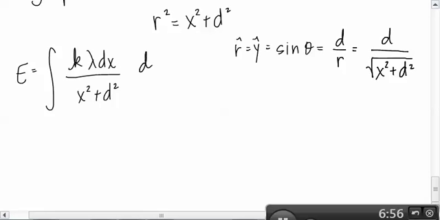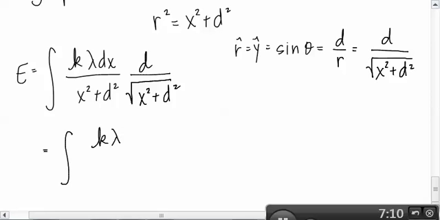So this would be d over the square root of x squared plus d squared, which is not a trivial integral. Would that be x squared plus d squared to the 3/2?